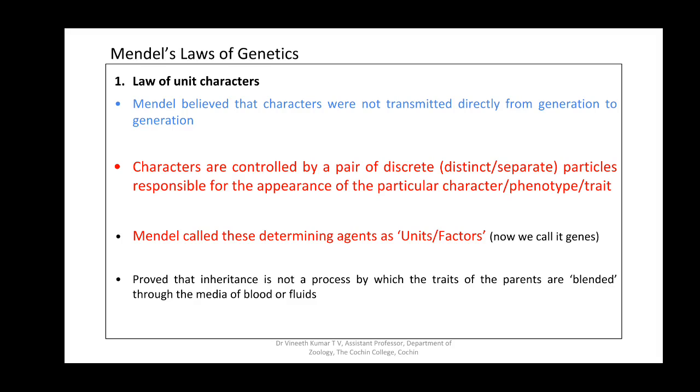But after Mendel's monohybrid and dihybrid crosses, after tedious experimentation, Mendel suggested that the particles responsible for inheritance are not fluid-like.